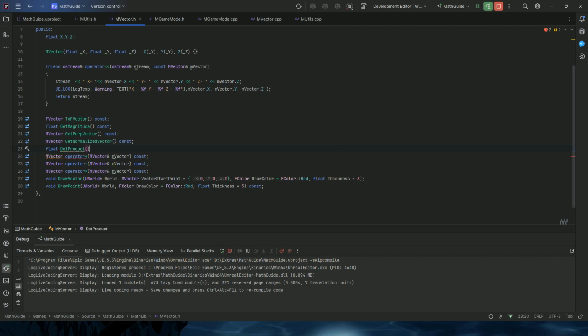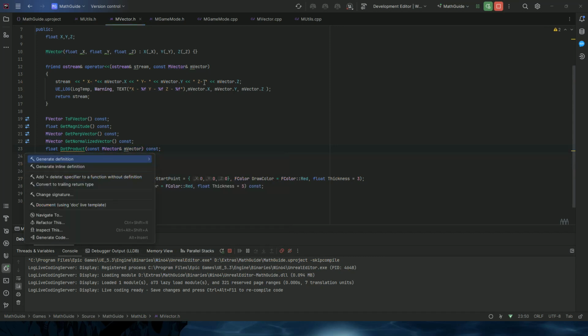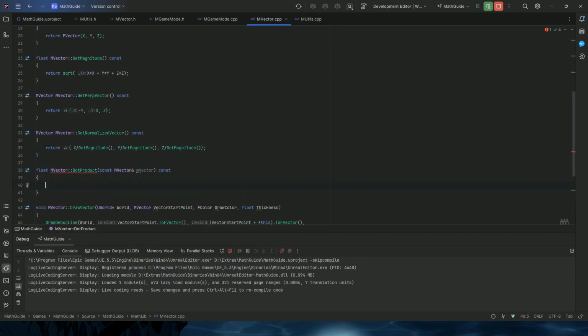I cannot override this sign because it is already reserved in C++, so we can't. So dot product, and here we need a vector. It will be a const.